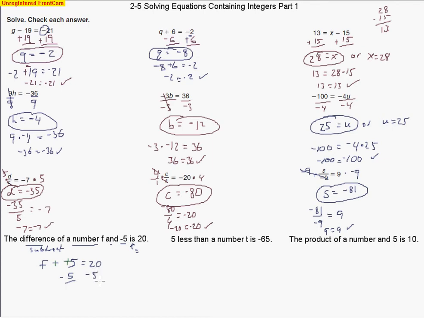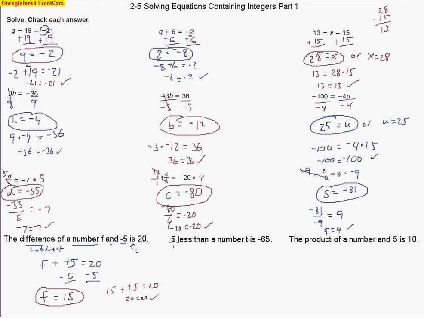So make sure you add the opposite on that, and then take away the 5 from both sides. We're left with f equals 15. So 15 is the number. When we go ahead and substitute 15 back in for this f, we have 15, and then minus negative 5 does equal 20. Minus negative makes plus positive. 20 equals 20. So it does check out.